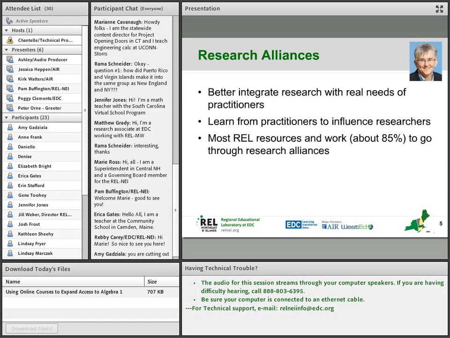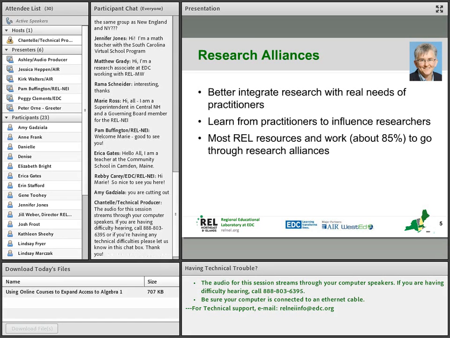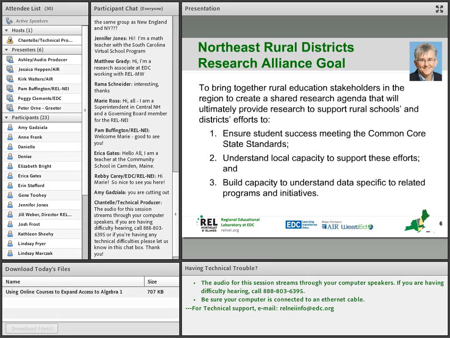Most of the REL resources are focused on these research alliances. If you've been involved with the RELs in the past, you know that we also do need sensing and responding over time to the needs of folks, and we're trying to do this in very cohesive, coherent ways in this particular contract. We're really looking forward to this work.